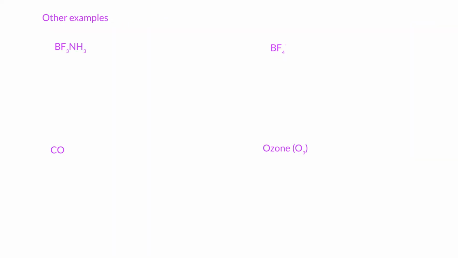Another example that you may have is BF3 NH3. For this one, I'll just draw a simple version, and I will skip the electronic diagram. So you have BF3 plus NH3.